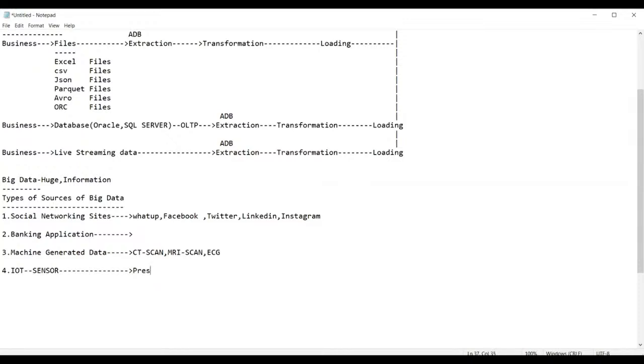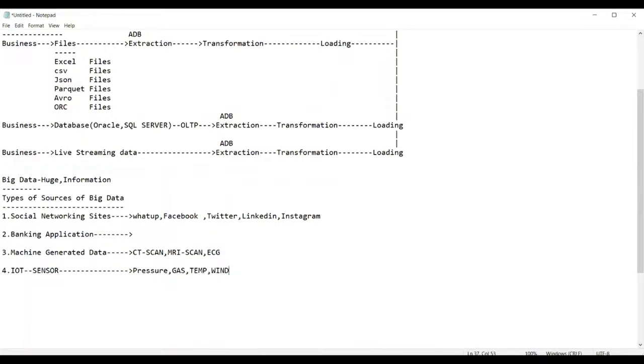Pressure, and then even gas pressure. It also measures temperature, and even wind. All these are sensors which measure.